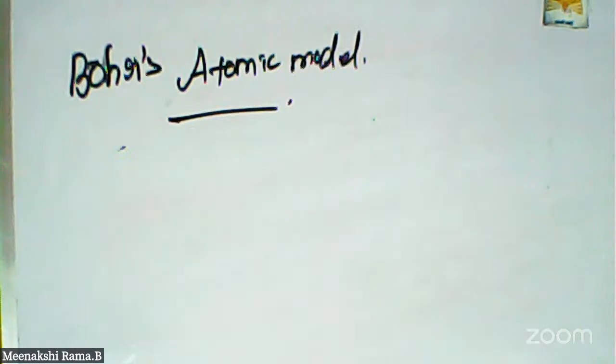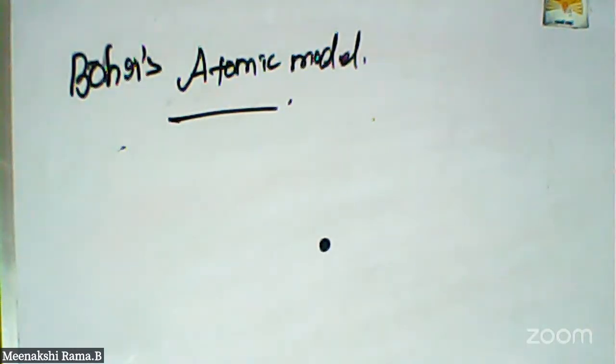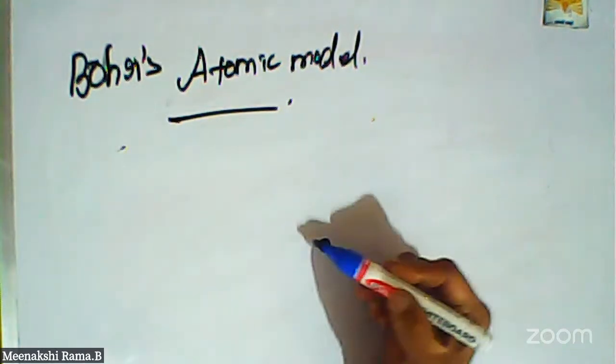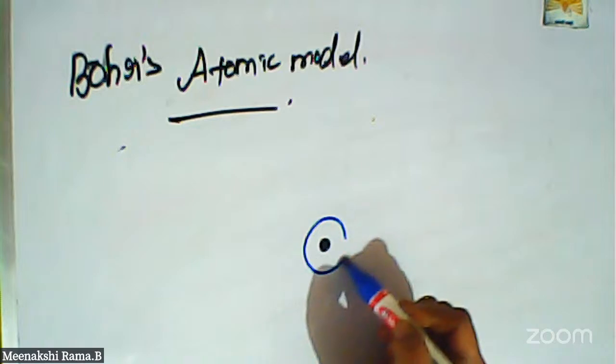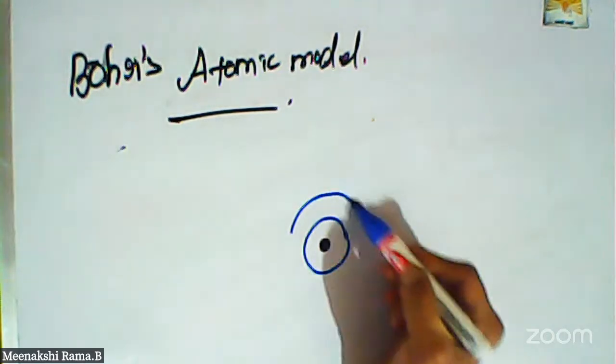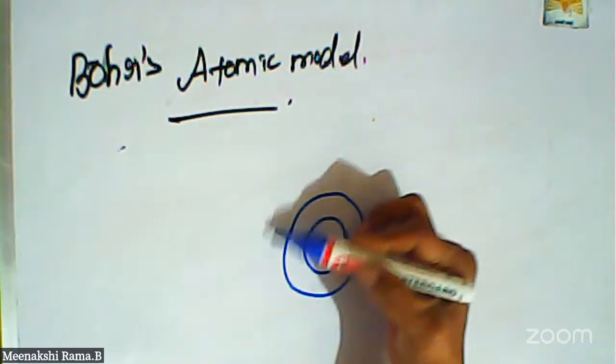The center part is called the nucleus. How many orbits did he tell? Yes, there are 4 orbits. So this round is called an orbit.